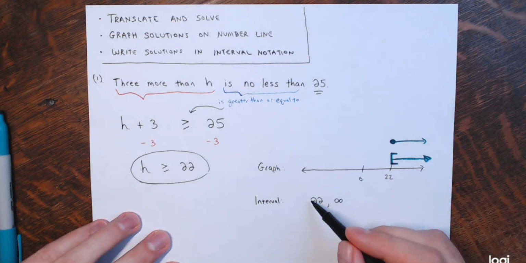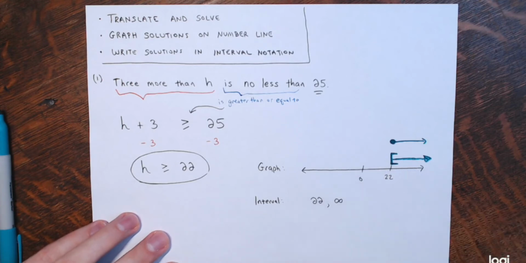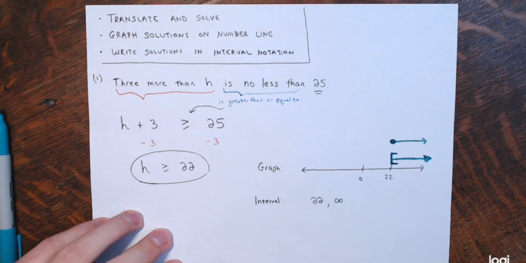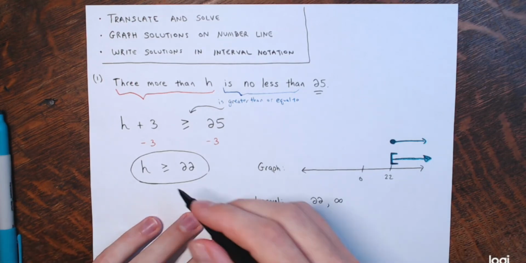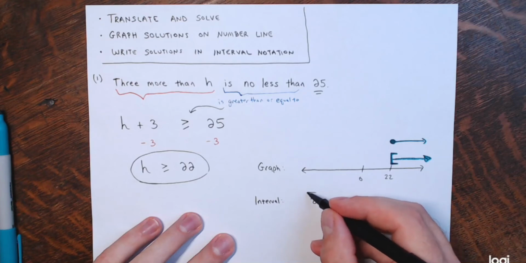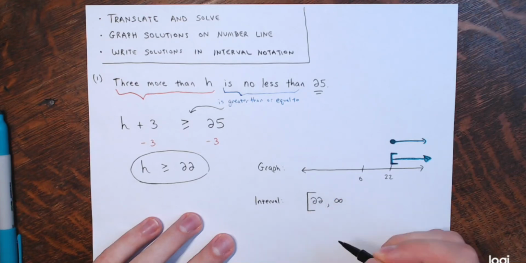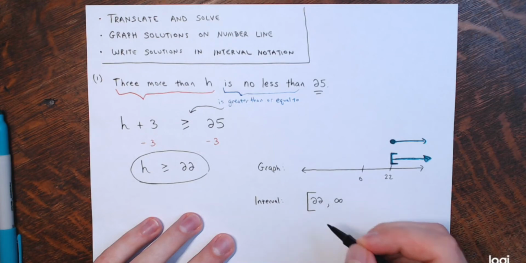And then you cap these off with either a rectangular bracket if the number on the end is a solution, or a parenthesis if the number on the end is not a solution. Now we said already 22 is a solution here, so I'm going to put a rectangular bracket on the cap on 22.